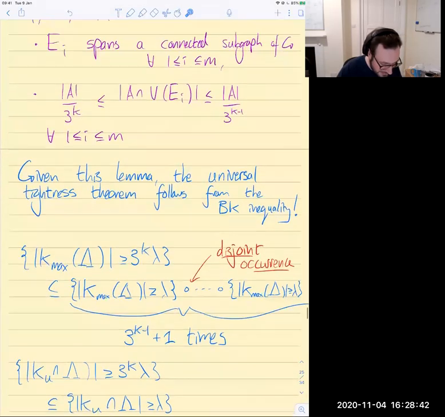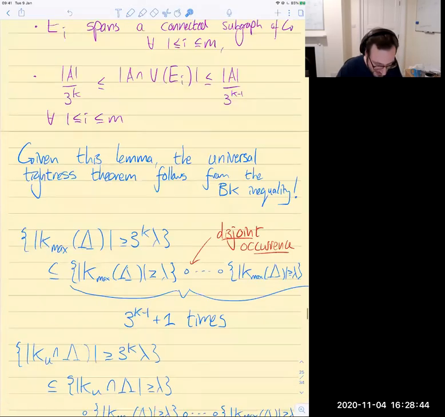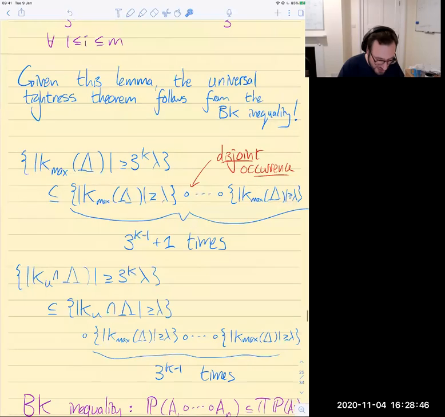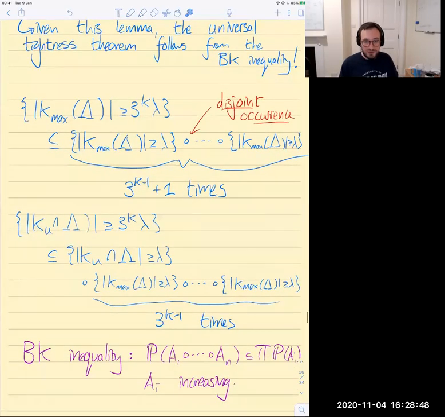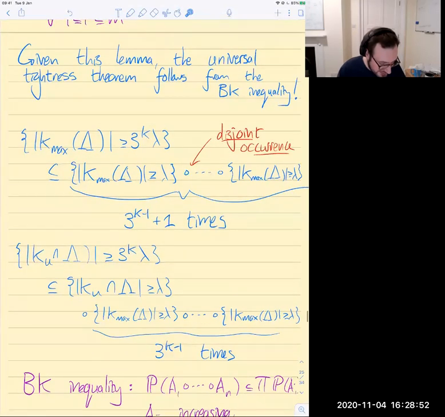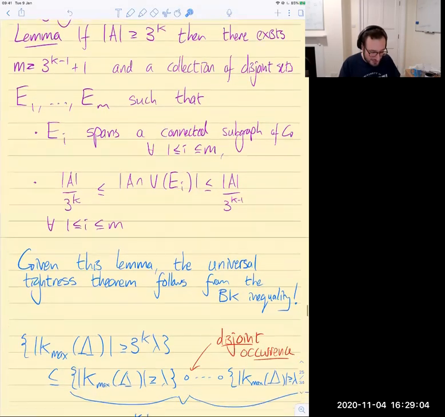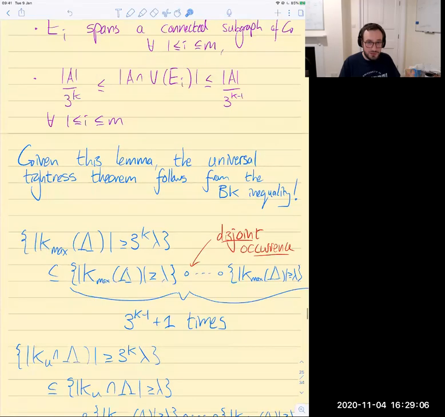So once we have this lemma, as I said, this universal tightness theorem really does just follow immediately from the BK inequality. Because it says, suppose that this event holds, that I have a cluster that has a big intersection with this set lambda, bigger than 3 to the k times lambda. Then I can apply this, and I get these 3 to the k minus 1 plus 1 disjoint sets of edges.